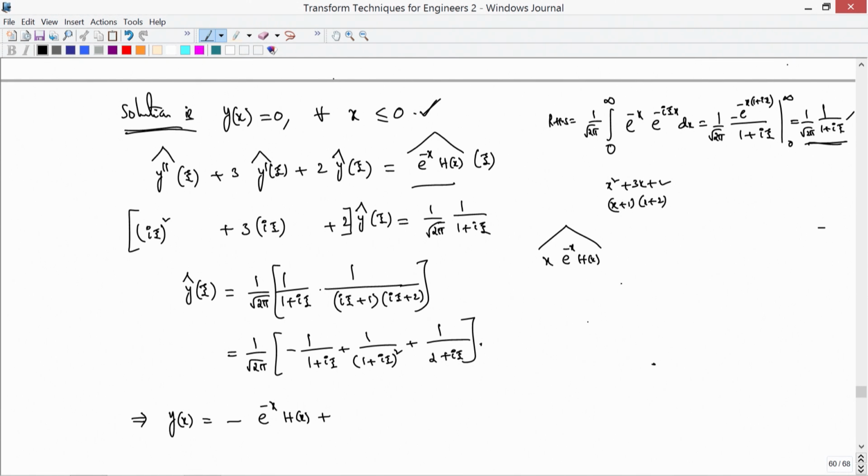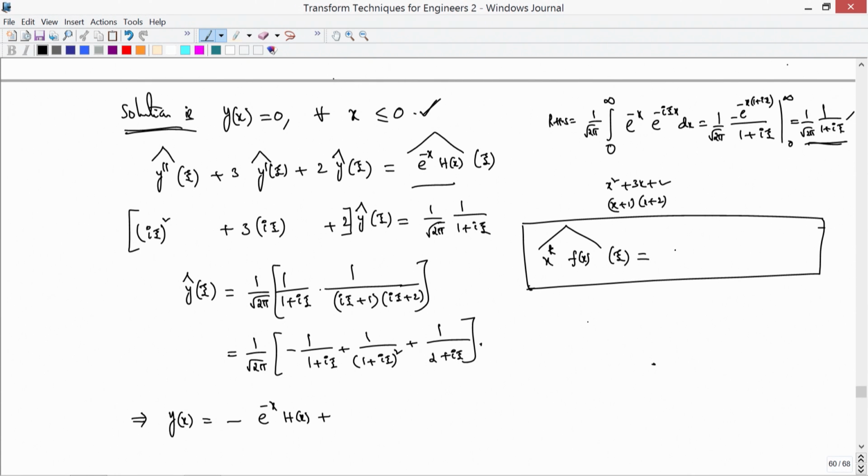If you multiply by x power k, and if I choose this as a function f of x, this is actually equal to, if you take it as a property, you can prove it. You can actually show that this is equal to 1 by root 2 pi times 1 by 1 plus I xi whole power k plus 1 times f cap of xi.